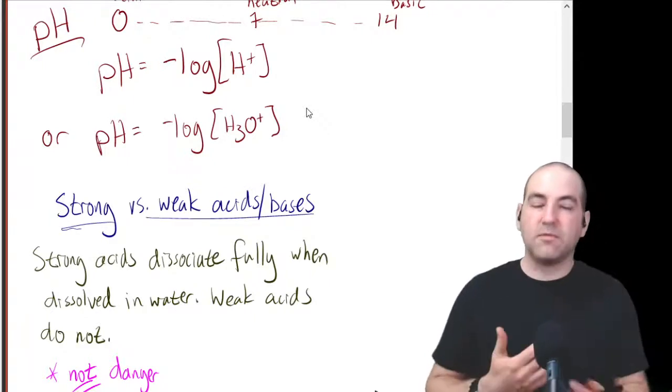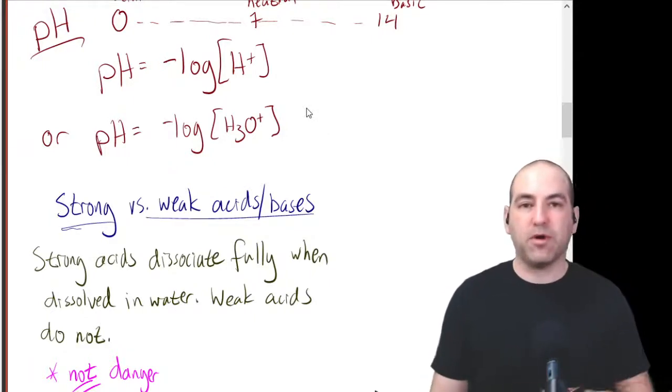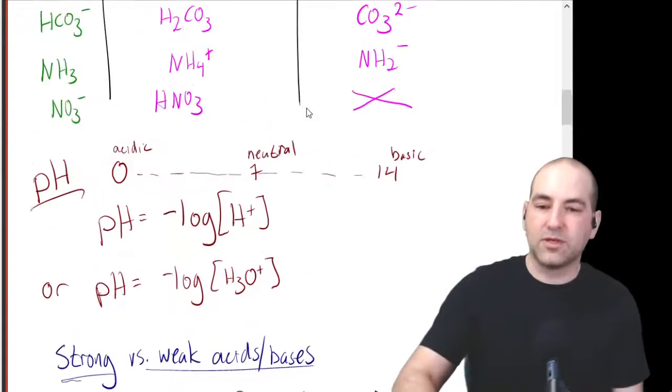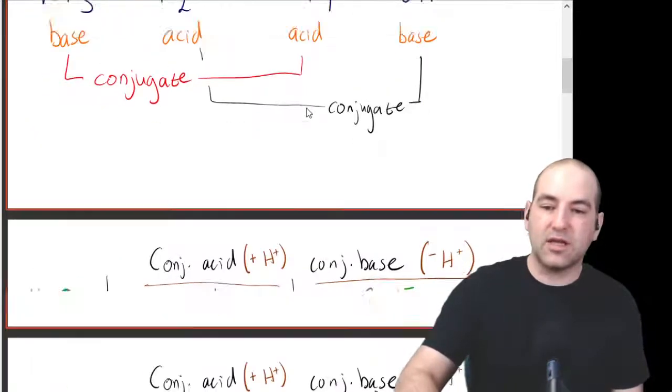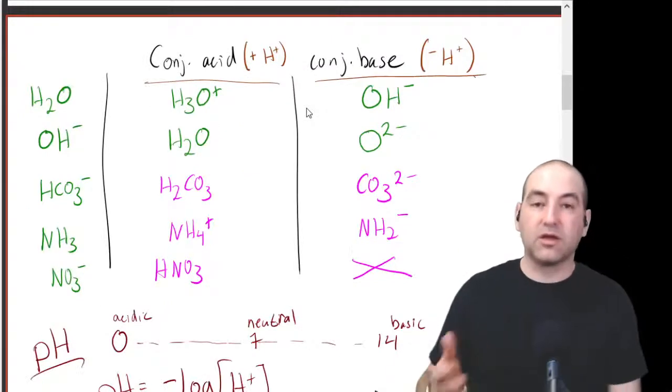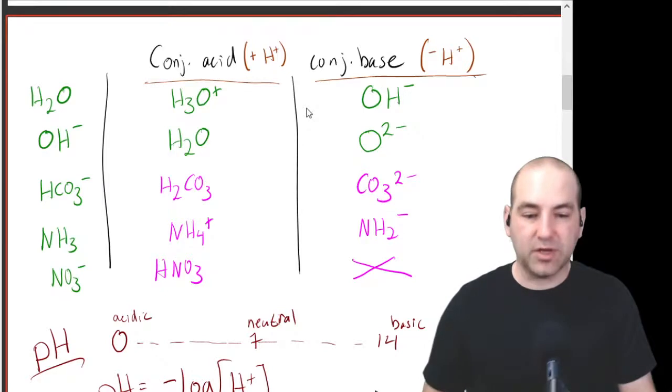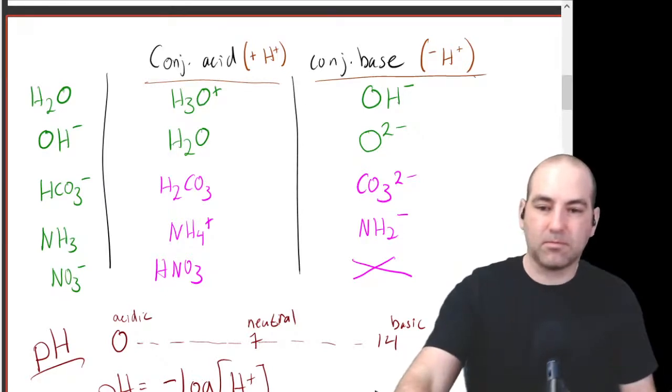You'll be measuring pH of things with pH paper and indicator solutions. The thing that's really new is just finding conjugate acids and conjugate bases by looking at the formulas and then adding or removing H+.